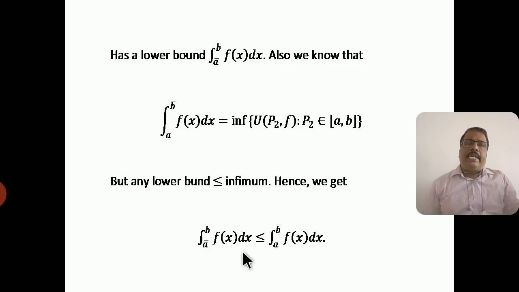So the integral from a bar to b of f of x dx, which is a lower bound, is less than or equal to the infimum. From the definition, the infimum is the integral from a to b bar of f of x dx. So we replace the infimum by the integral from a to b bar of f of x dx. So this is the theorem proved.